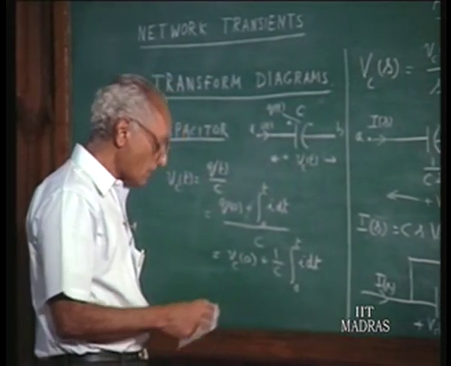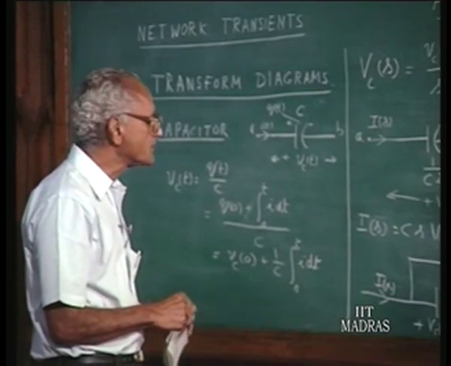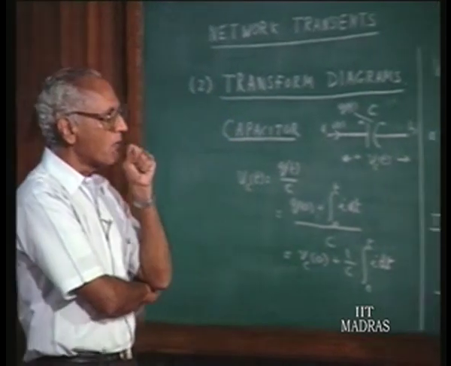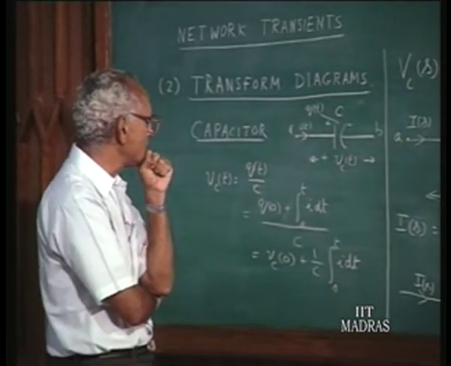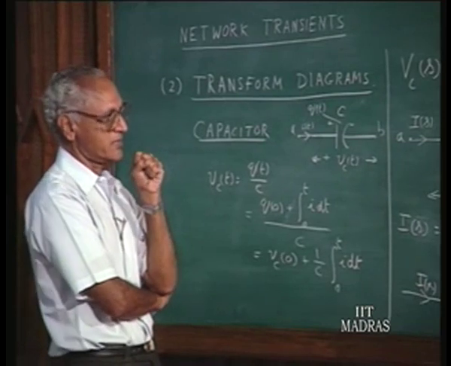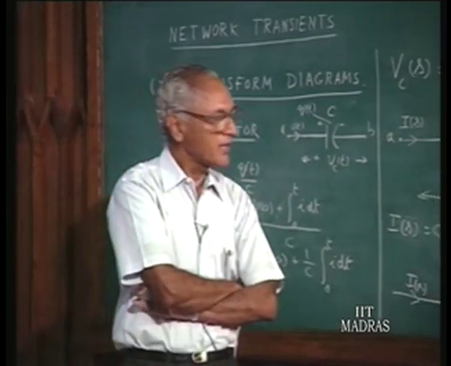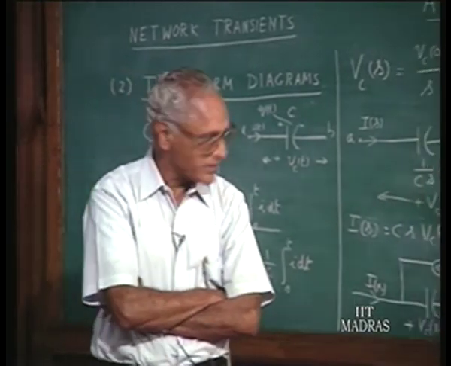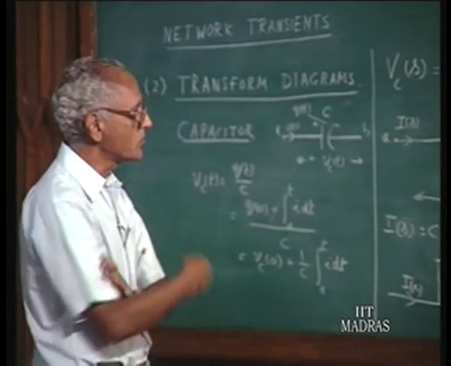A third point which we would like to make note of is, when you take the initial conditions, you are at liberty to choose either 0 plus conditions or 0 minus conditions. That is why in all this analysis I did not commit myself to saying whether it is 0 plus or 0 minus. You can use 0 plus or 0 minus.